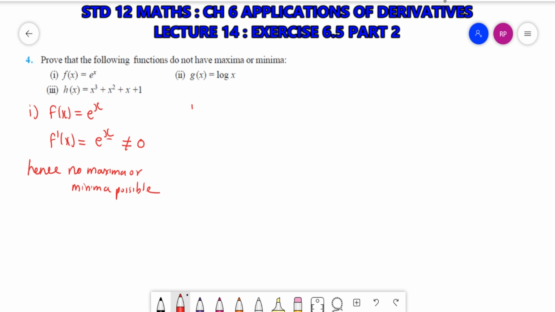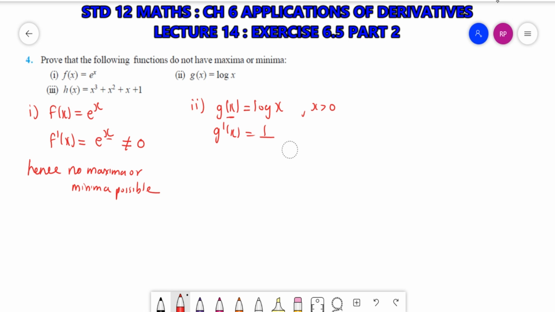Clear? The second one, g of x is equal to log x. So g dash x will be equal to 1 by log x. Okay, now see, the function g of x is only defined when x is greater than 0. We can only find the value of log x when x is greater than 0.